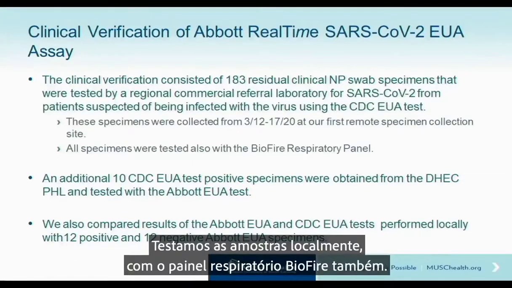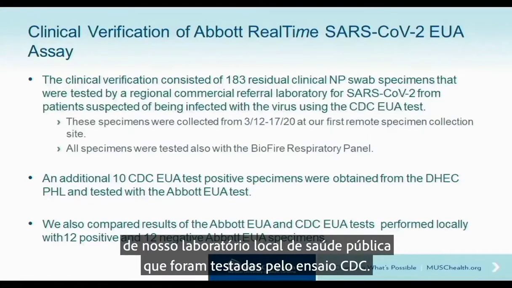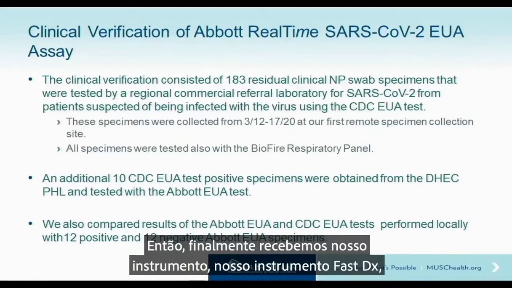We tested the specimens locally with the BioFire respiratory panel as well. We were also able to acquire 10 positive specimens from our local public health laboratory that had been tested by the CDC assay. And then we had finally received our FastDX instrument.